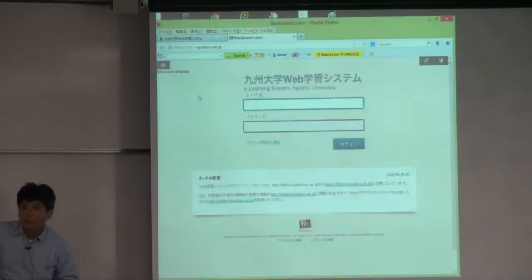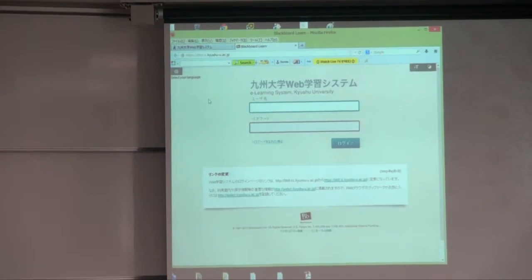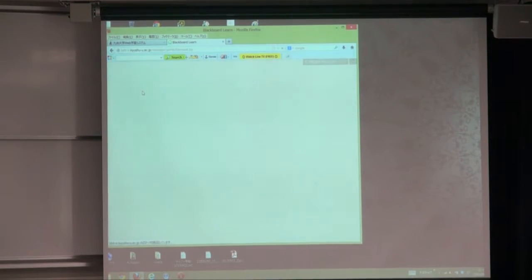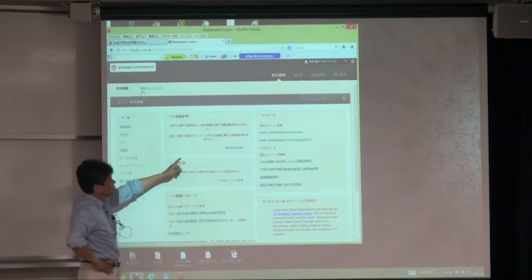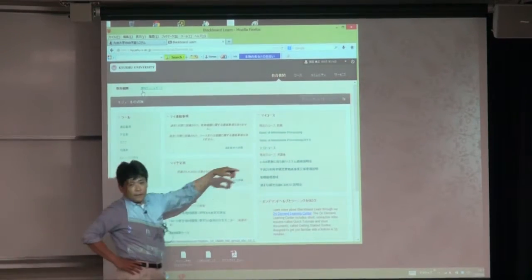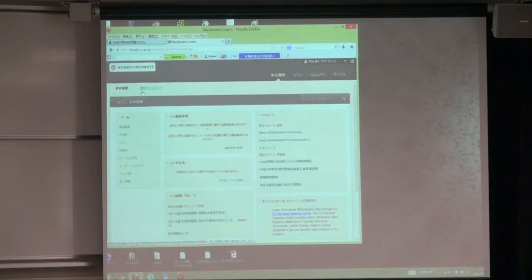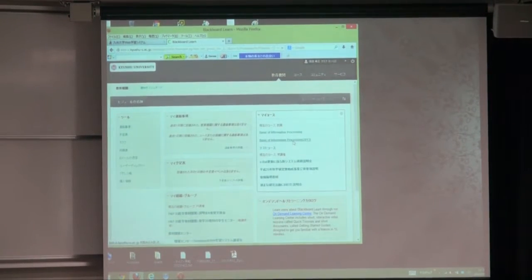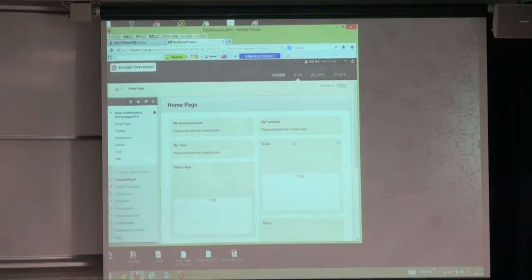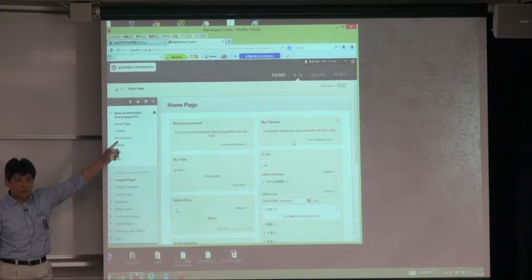The login page will appear like this. After entering the WebCT system, you can find this class link. Please click it to start the content of this class.